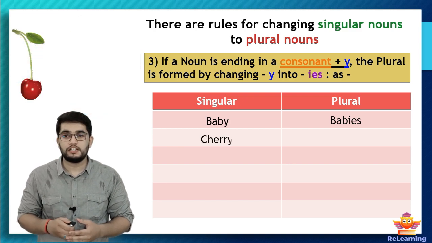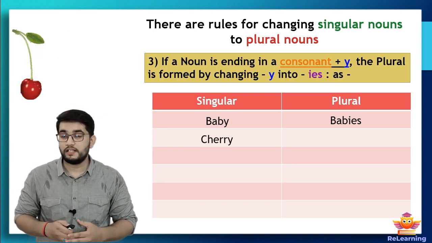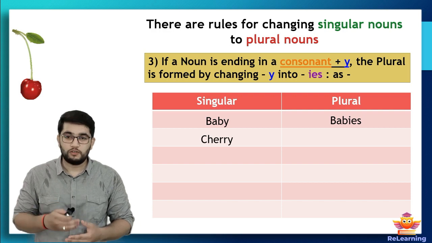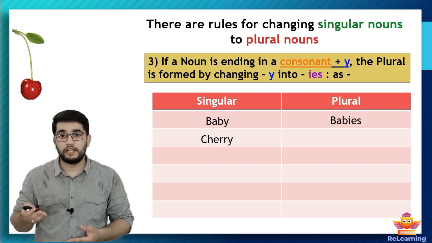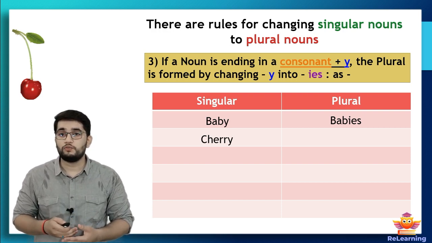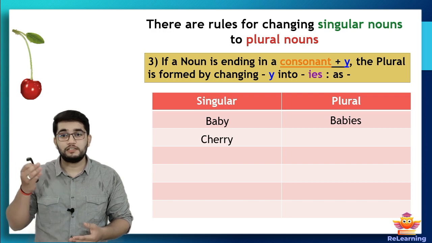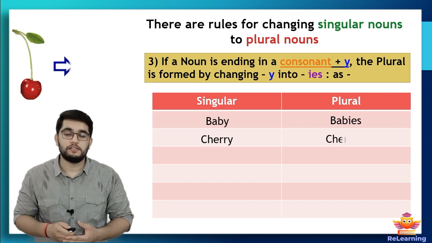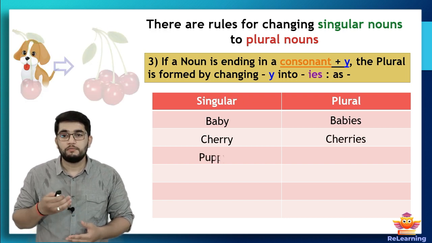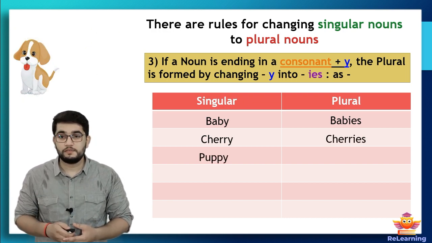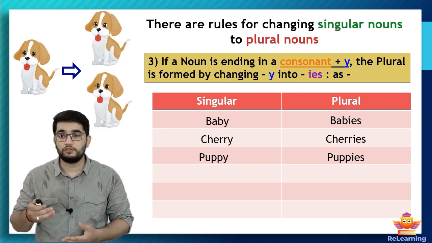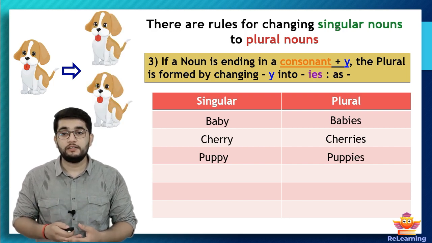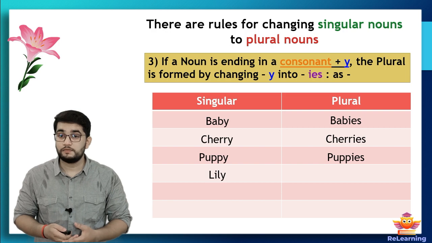Next example, cherry. Now here also it is ending with consonant plus y. The consonant is r while also there is y. So what we have to do is we have to change the y into ies. So cherry becomes cherries. Next is puppy. Puppy becomes puppies. Then lily becomes lilies.